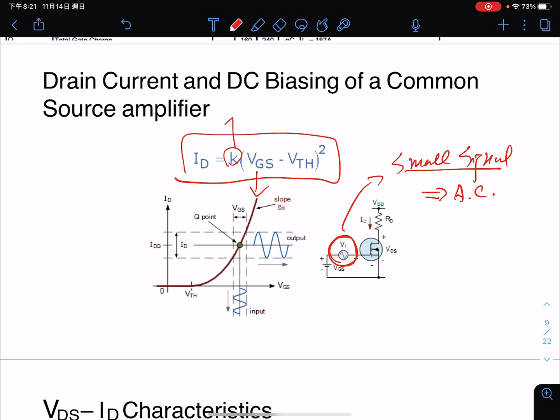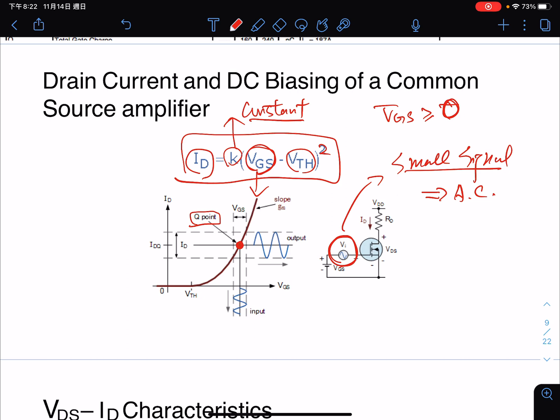K is a constant depending on the characteristic of the MOSFET when it's manufactured. And this is VGS minus VTH, squared. Here, VGS has to be greater than 0 for the NMOS. After we determine the VGS, we can determine the ID current here. So this will be our operational point, also called the Q point.